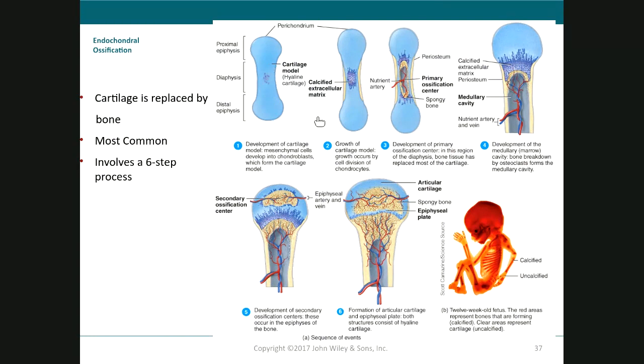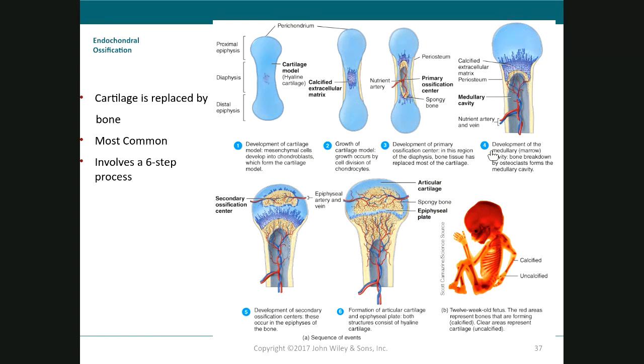So eventually this cartilage is going to, via cell division, develop into a primary ossification area, which will develop into the diaphysis, and then this cartilage is eventually replaced by bone.